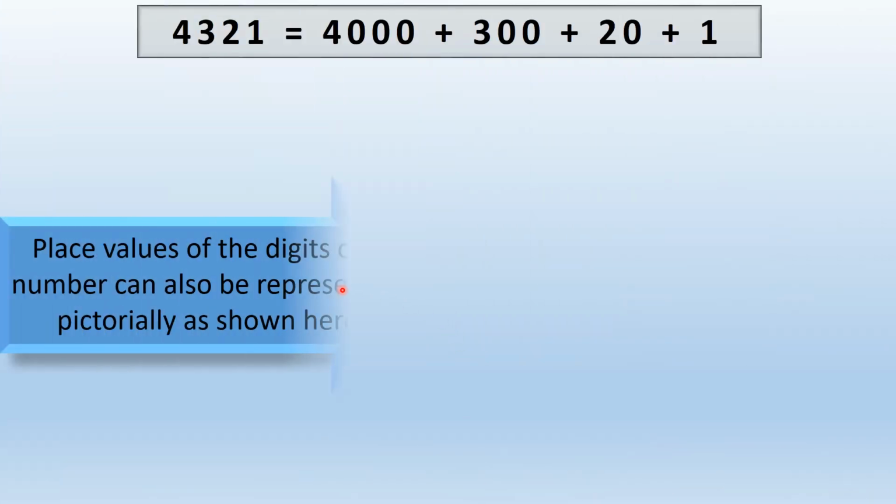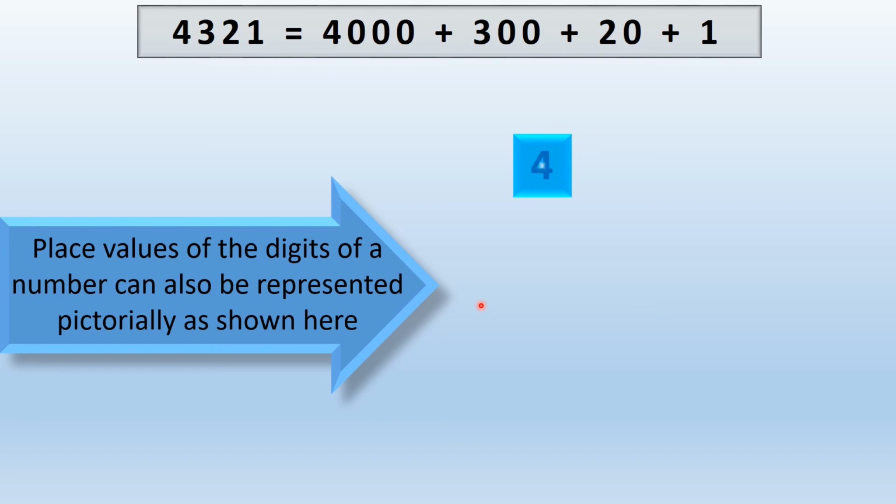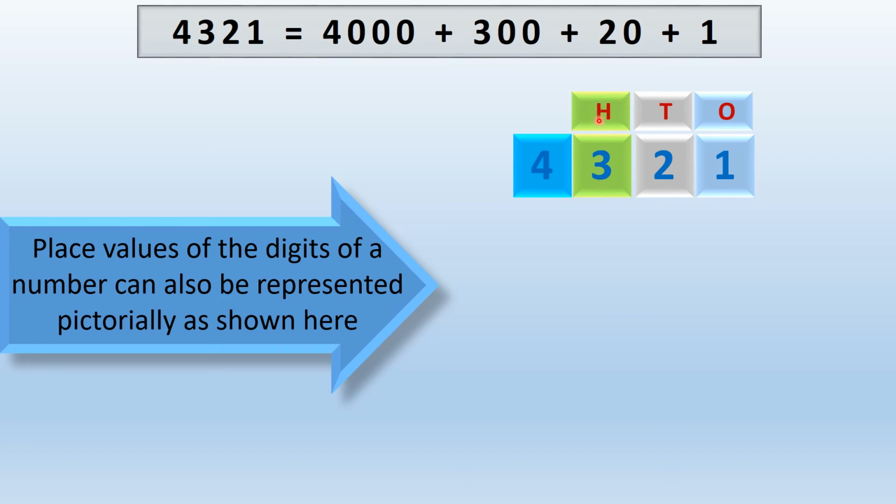Now let us write the place values of the digits of a number pictorially as we did earlier. So in the given number 4321, the digit 1 is in ones place, the digit 2 is in tens place, the digit 3 is in hundreds place, the digit 4 is in thousands place.